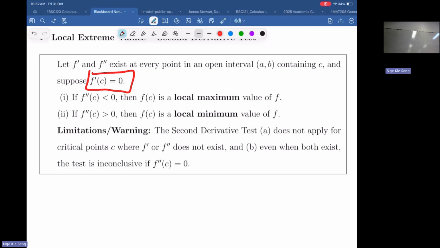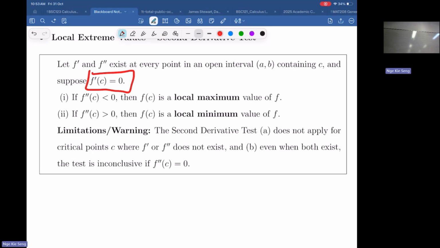Something to note here is if f'' does not exist, then this test is pretty much useless because you cannot check positive or negative. Or even if it exists but it becomes 0 at the stationary point, then it's not useful as well, because just now you saw that it could be an inflection point.